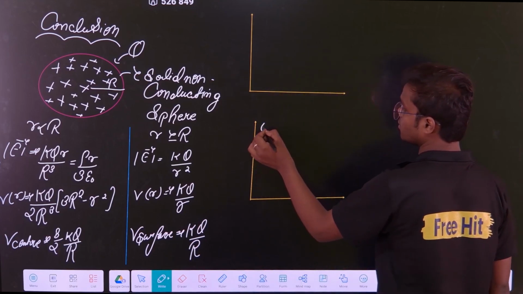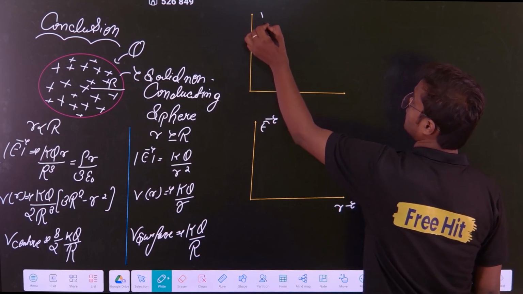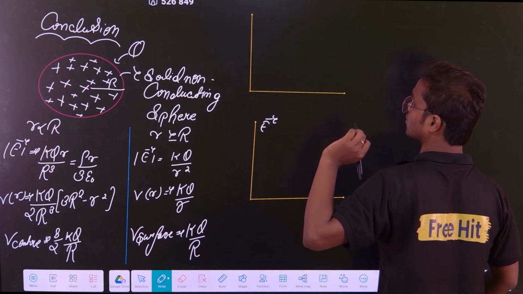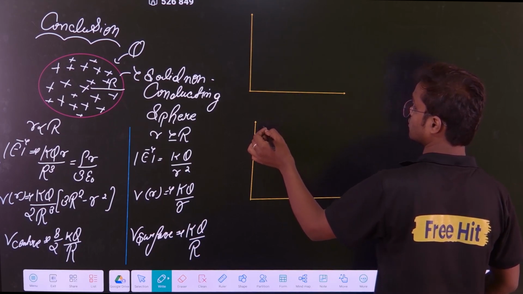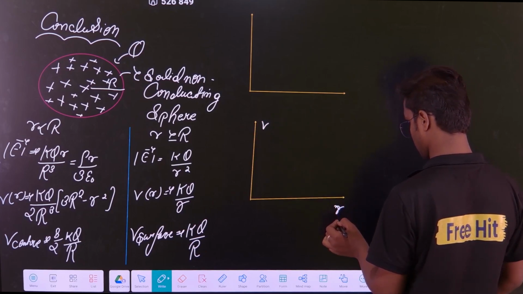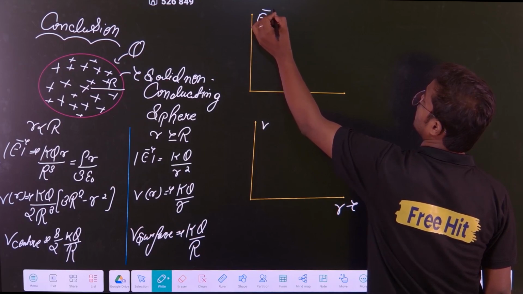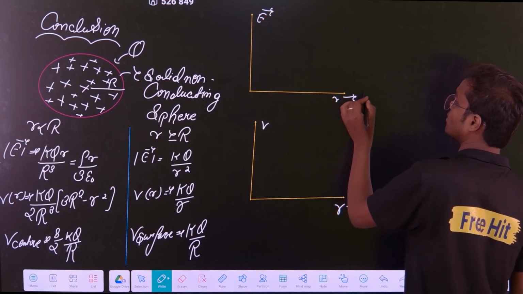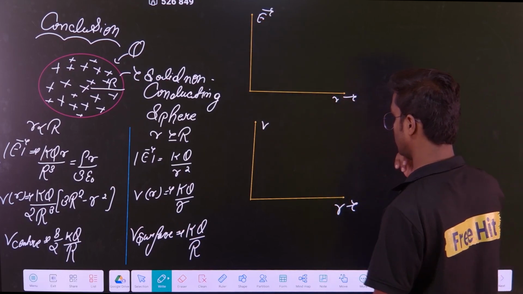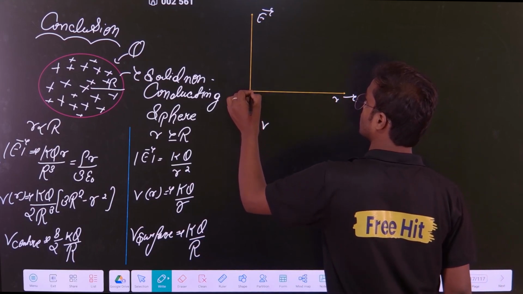So what is my E versus r graph, and then this should be V versus r. From here you can say the internal electric field is proportional to r, if you remember.